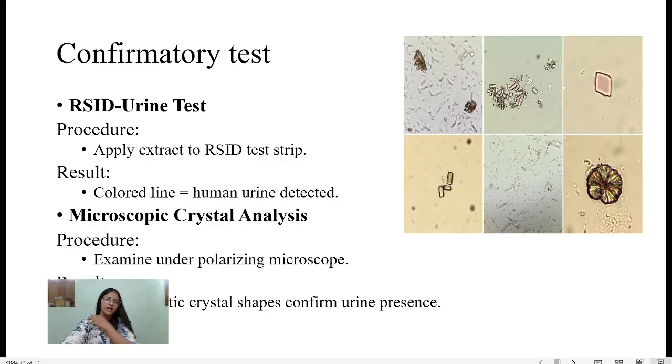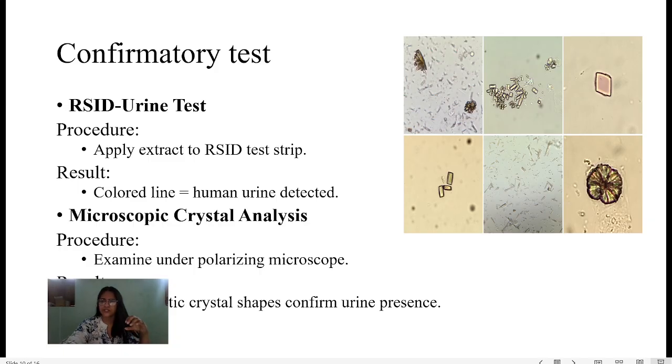Let's get into it. RSID urine test. The RSID urine test actually detects Tamm-Horsfall protein in the urine. This Tamm-Horsfall protein is very specific for the urine, and the procedure of this test is that we apply the extract to the RSID test strip, which we have already used in the salivary testing for the confirmatory test.